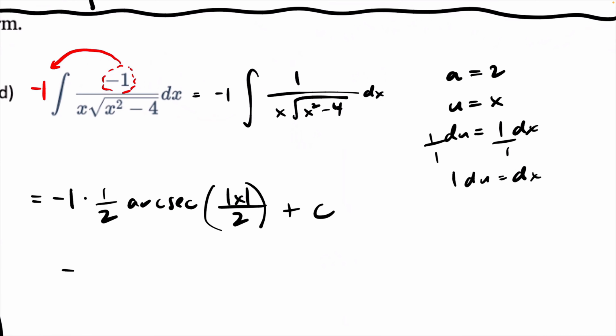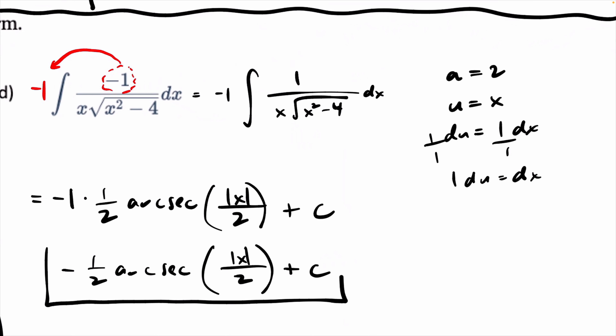So you get negative 1/2 arc secant. I would leave those bars; the only time you need them is when you're plugging in something that's negative. If you're plugging in something positive, you don't need them. But since we're not plugging in anything, just leave them there. It's just saying arc secant can't be negative.